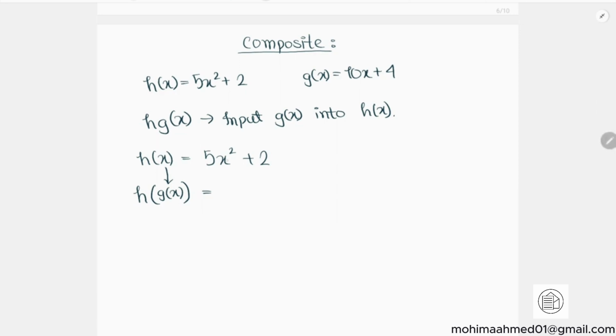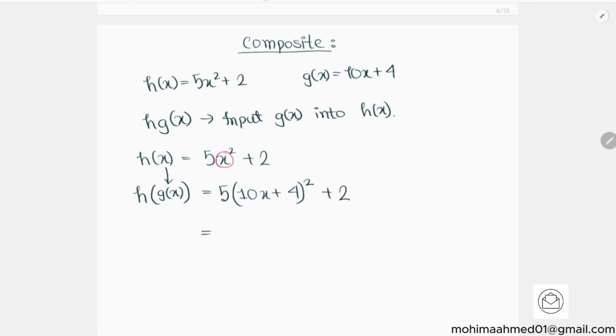Now the equation only has x beside 5. So instead of writing x, you will write the value of x, which is basically the equation for gx, as you are using the concepts of input function. So we'll now write 10x plus 4. As we have a square on top of the x in this equation, we'll have a square over here also.